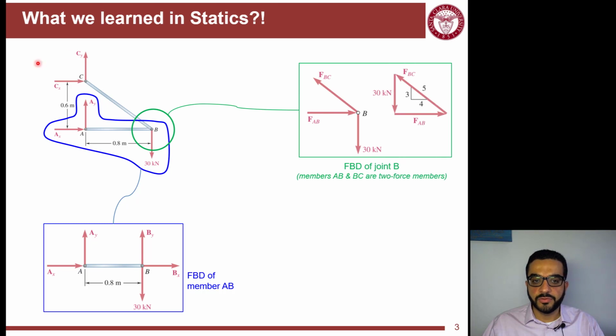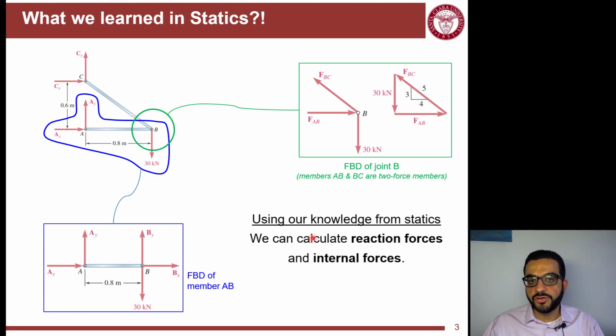If we think of this structure now as a truss, because these are two force members, we can use the method of joints to analyze the equilibrium at B. We're not really covering statics in detail here, but at the end we use the knowledge from statics to calculate the reaction forces and internal forces.